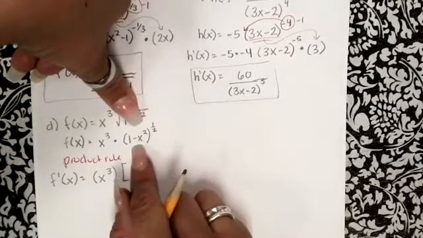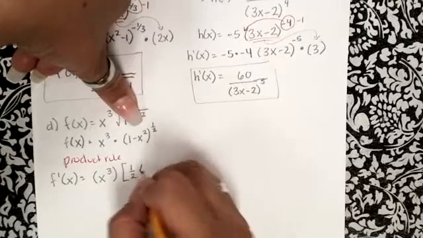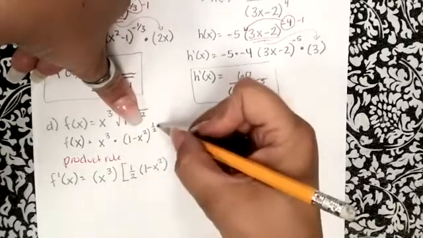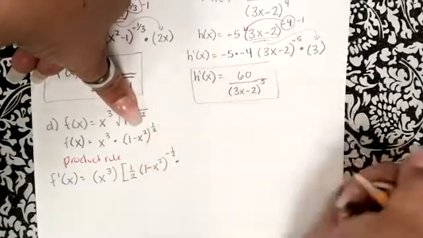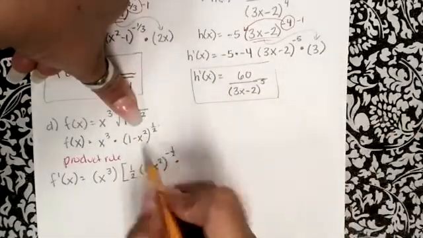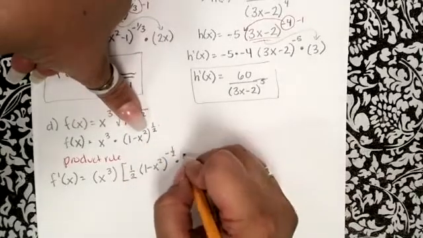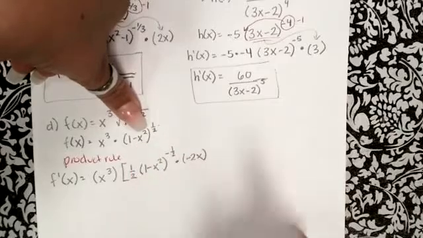On this one, you are doing the chain rule. So you're going to bring the 1/2 to the front, keep everything inside the same, decrease the power. So 1/2 minus 1 is going to be a -1/2 times. Now the derivative inside, the derivative of 1 is 0, and the derivative of x squared, sorry, is -2x.